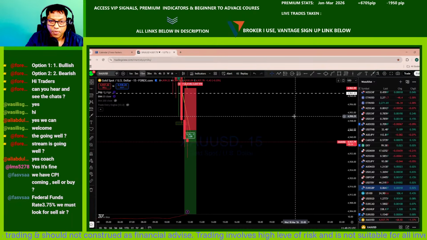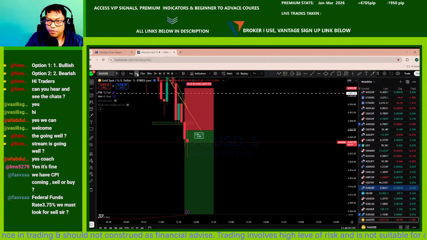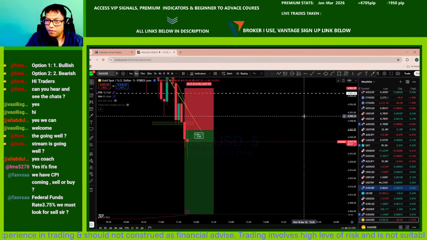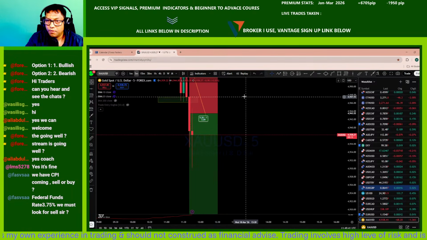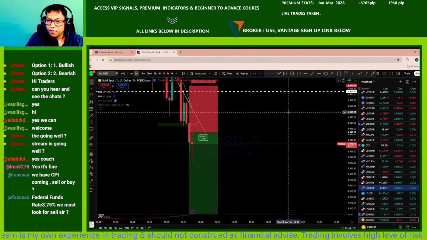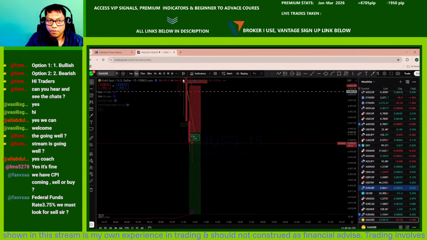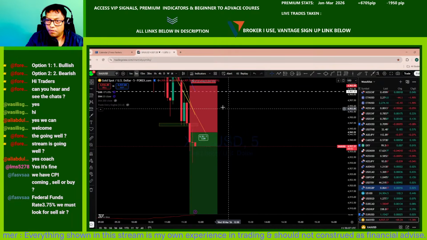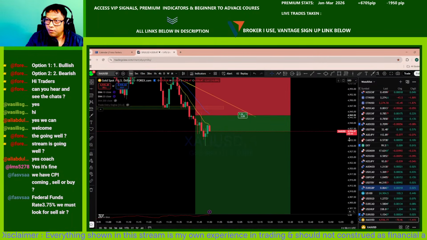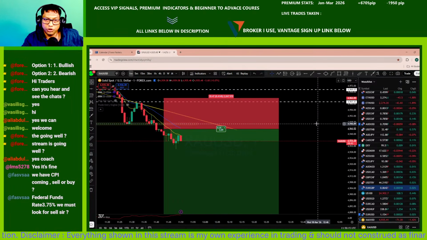More selling pressure. All right, so you can see the down move, potentially further downside, looking to see the market move back below to create a new lower low.